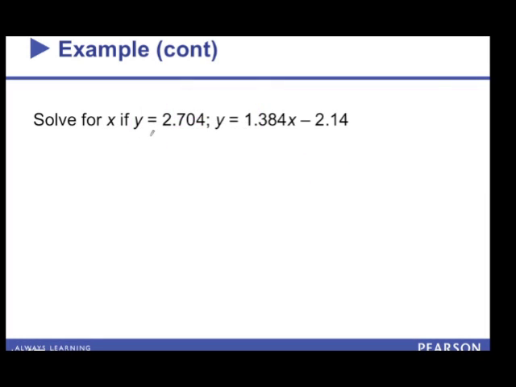Well, here I have some decimals, and we have both a y and an x in this equation. Oh, but they tell us what y equals, so we're good. So 2 and 704 thousandths equals 1 and 384 thousandths x minus 2 and 14 hundredths. Now, adding the 2 and 14 hundredths to each side, we'll get 4 and 844 thousandths.